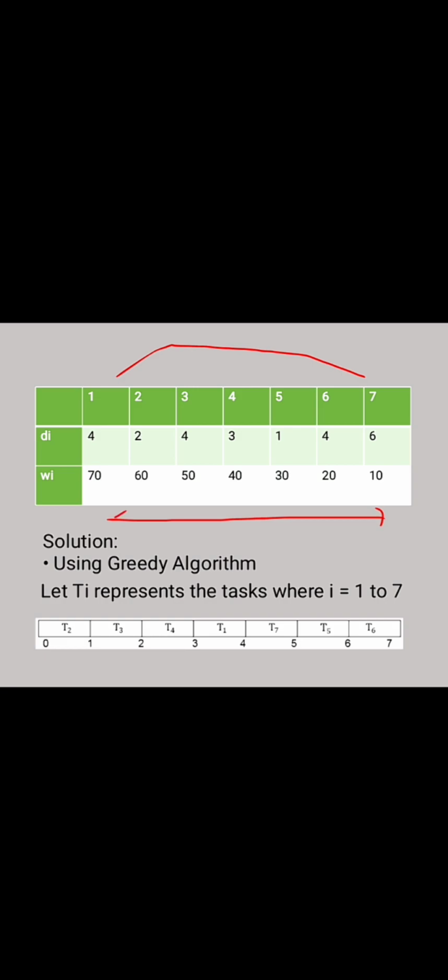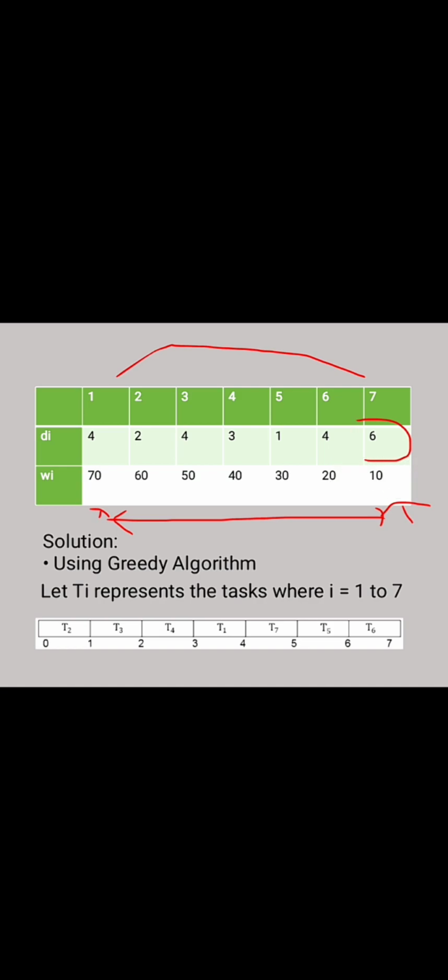So this table is already sorted from the highest penalty to the lowest penalty. And the next step is to find the maximum value of the deadline. So in here we find out that the maximum deadline is 6.